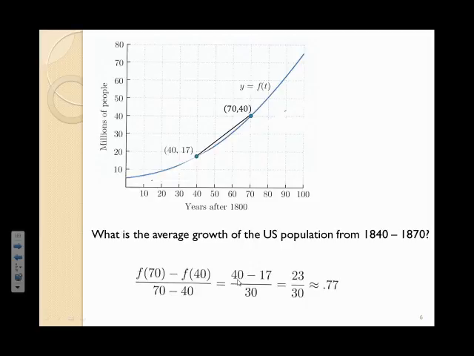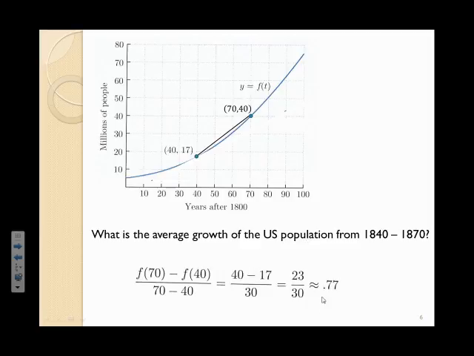We said f of 70 was 40, and f of 40 was 17, and then 70 minus 40 is 30. So do the simple math here, 23 over 30. The average growth rate was approximately 0.77. Now again, that's millions of people.